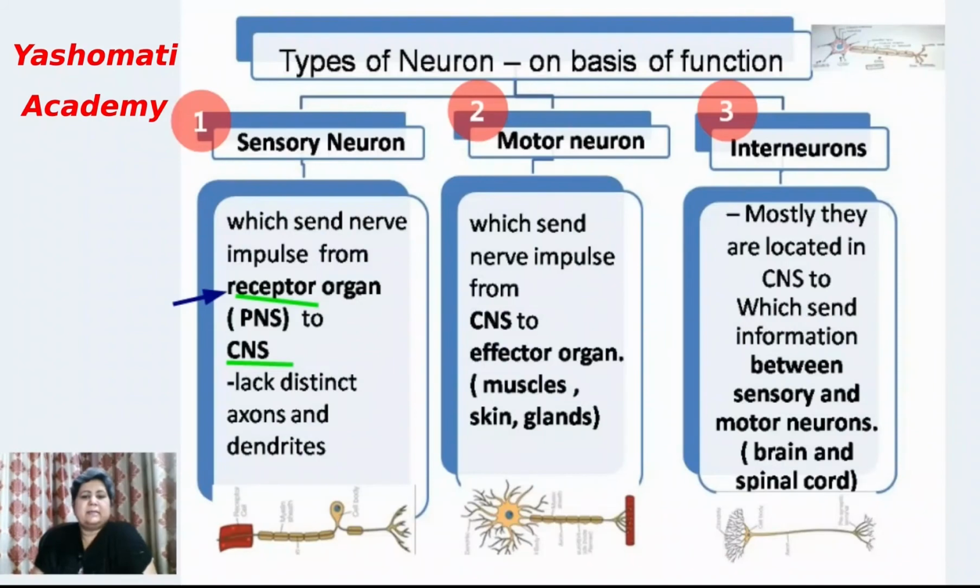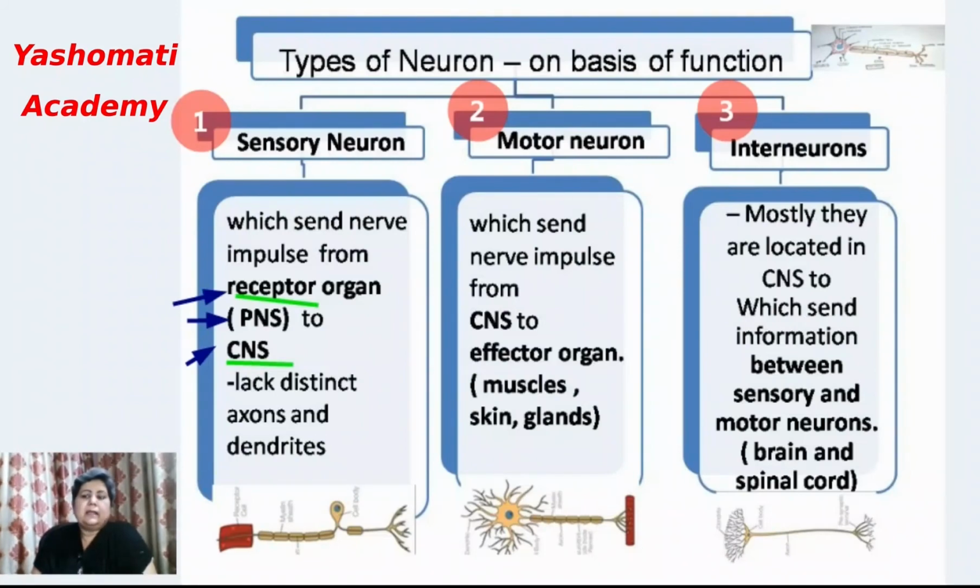And these receptor organs are attached to the central nervous system through the peripheral nervous system, because the peripheral nervous system consists of different nerves. So, these neurons which are taking the nerve impulse from the sensory organ to the brain or central nervous system, that is the spinal cord, are called sensory neurons.